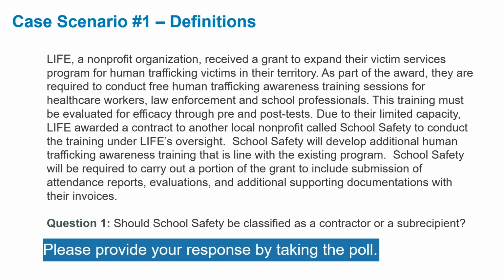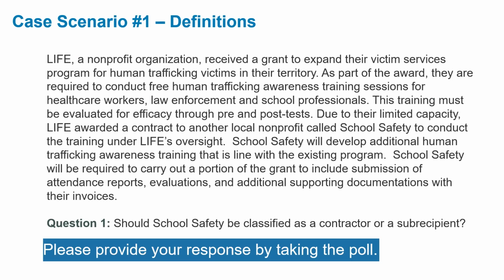Life, a nonprofit organization, received a grant to expand their victim services program for human trafficking victims in their territory. As part of the award, they are required to conduct free human trafficking awareness training sessions for healthcare workers, law enforcement, and school professionals. This training must be evaluated for efficiency through pre- and post-test.